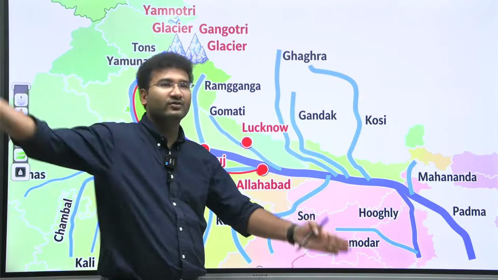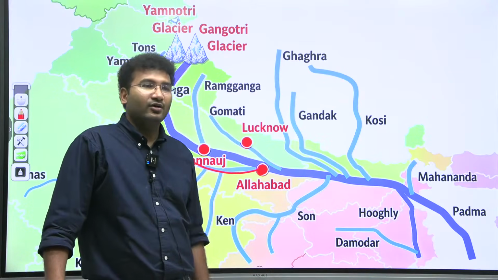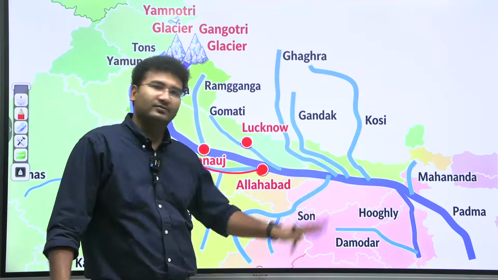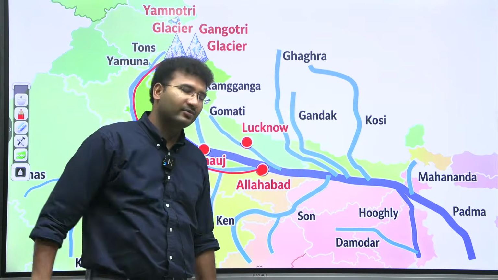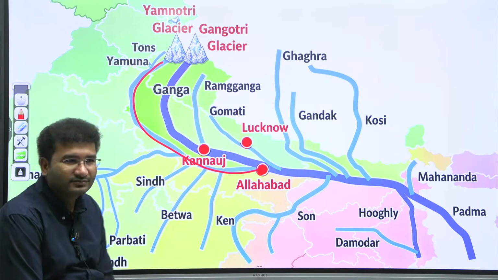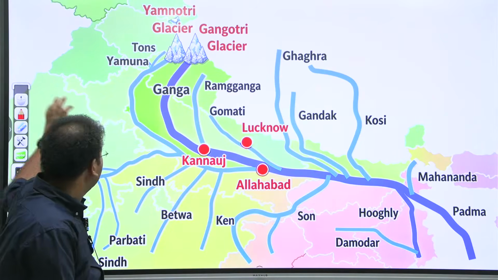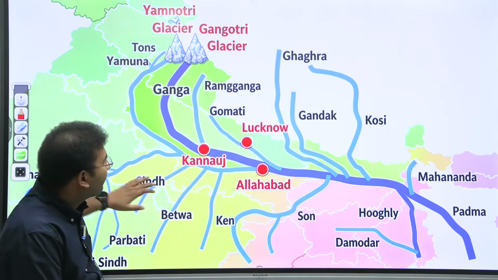Distributary is when the water goes out. So Hooghly is a distributary. Hooghly ka tributary hai Damodar. Right? Hooghly is a distributary. Can you recall? So Yamuna also, you already know, Chambal, Sindh, Betwa, Ken, right?